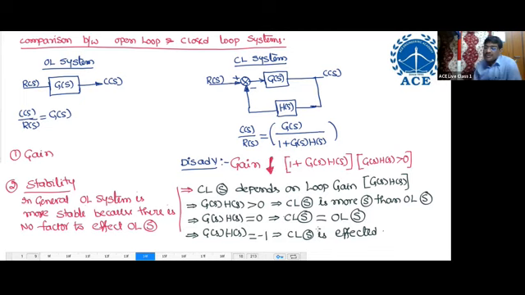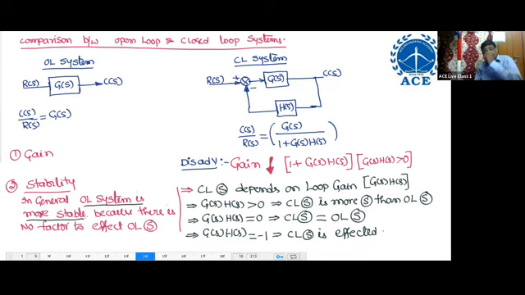The closed loop system is more stable only when GH is greater than 0. If somebody asks which is more stable and they don't say anything else, blindly you can say the open loop system is more stable than the closed loop system.